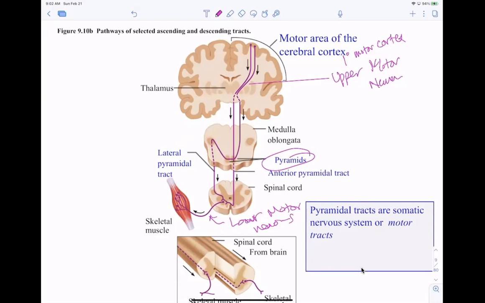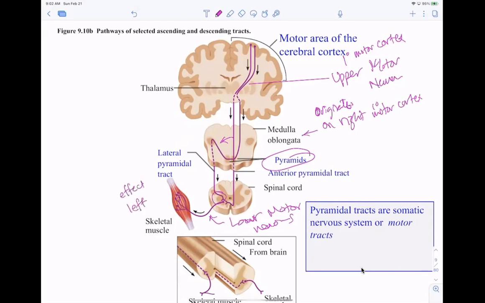So it's showing you that this motor command originates on the right primary motor cortex. That's an O. And then in the medulla oblongata, it's going to cross over and then synapse here on the lower motor neuron and go out to effect.